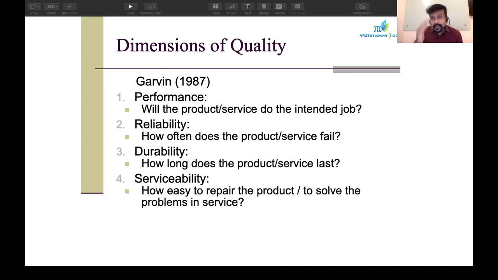As I have already explained to you, mobile phone. So mobile phone, the basic job is communication. Okay, making a call. If you buy a mobile phone and you're not able to make calls properly, then the intended job is not fulfilled. So that is, performance is not good. Okay, so that is performance.